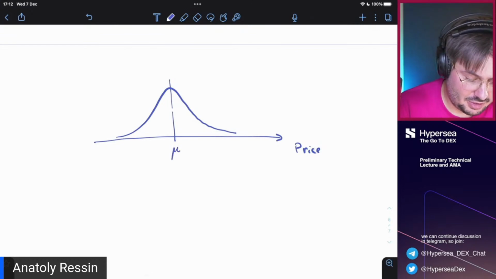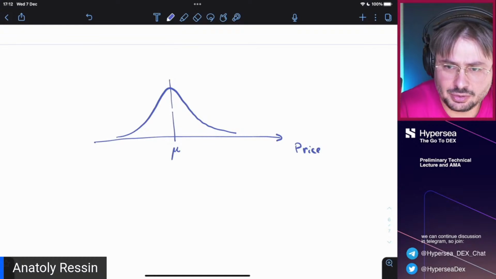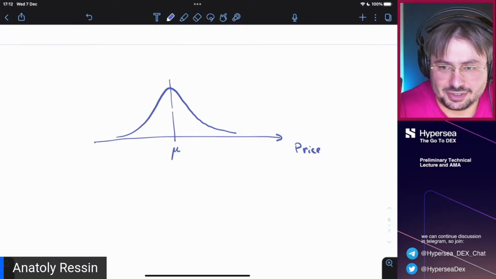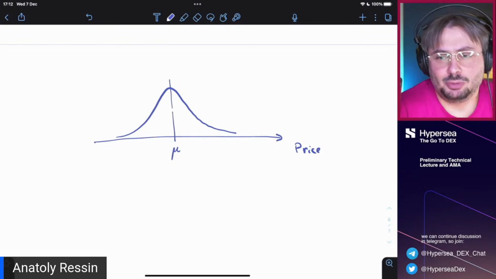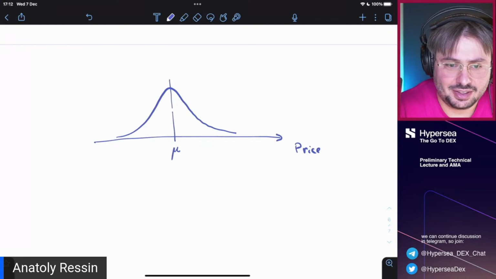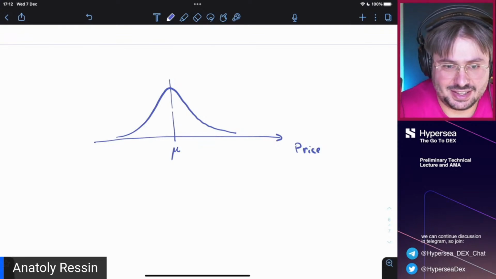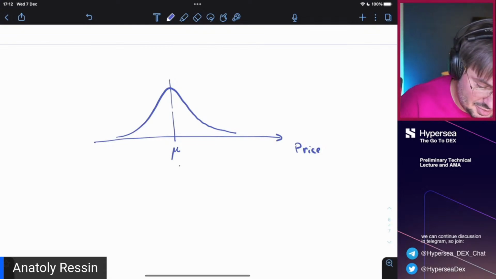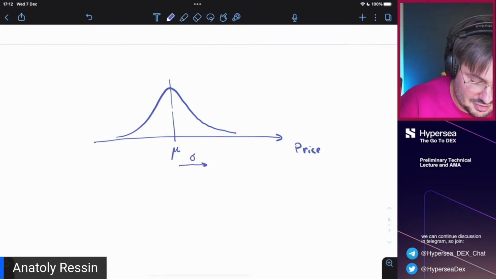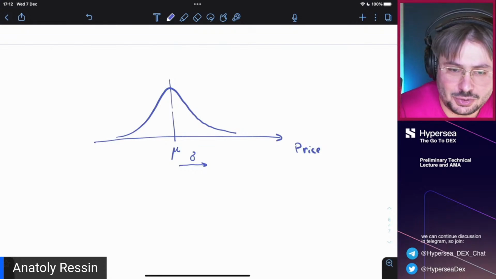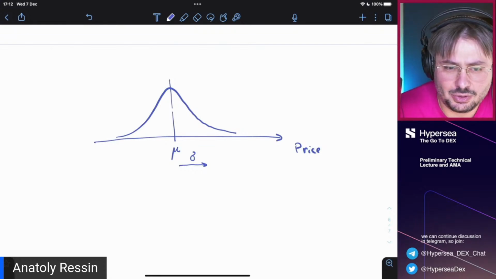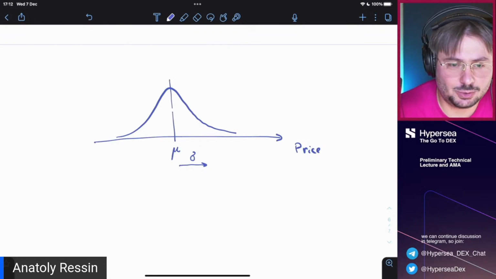So if you have an estimation of the price, you almost always estimate it as the expectation or mean price and some standard deviation.